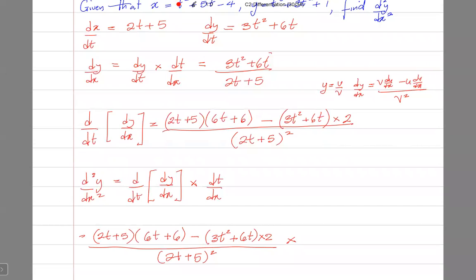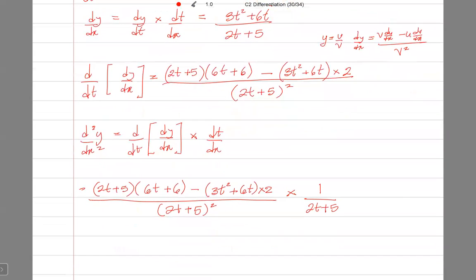So it's going to be multiplied by 1 over 2t plus 5.